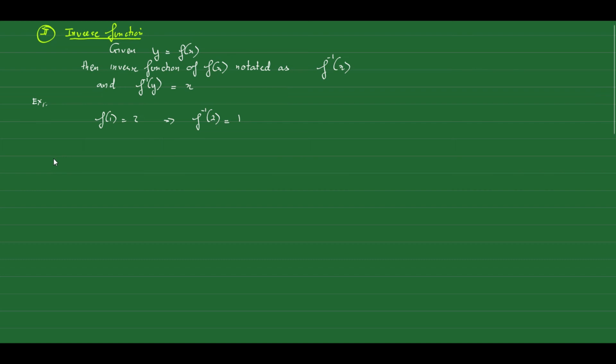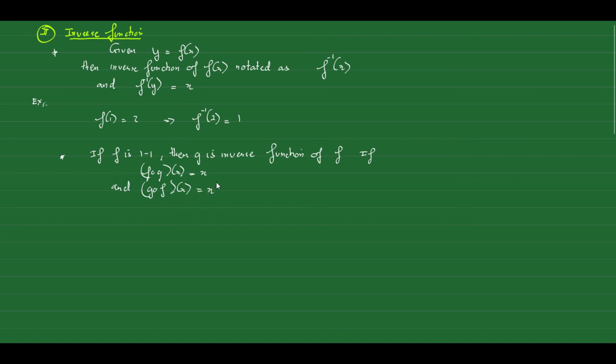So that's the second definition, and you can put it like this: if f is one-to-one, then g is the inverse function of f if f composed with g equals x and g composed with f equals x, the identity function.